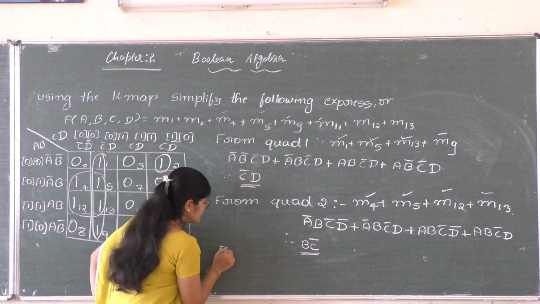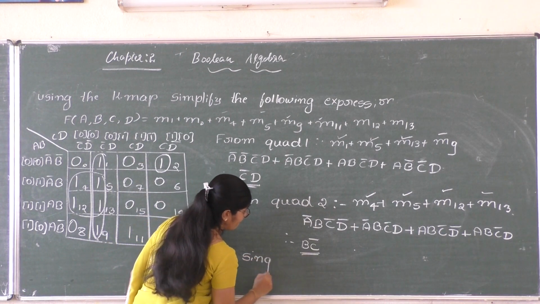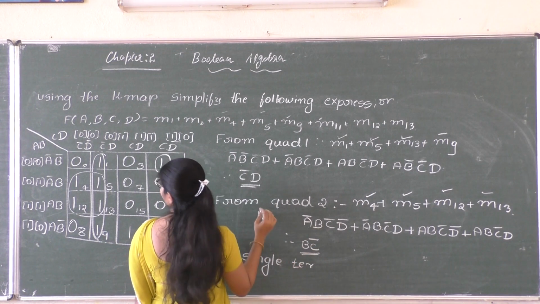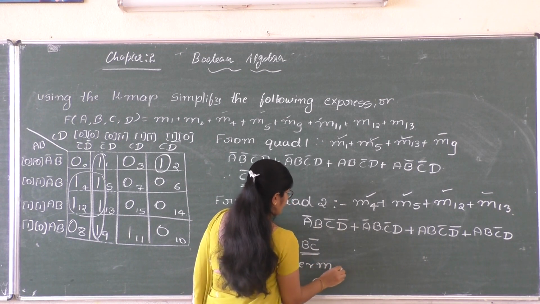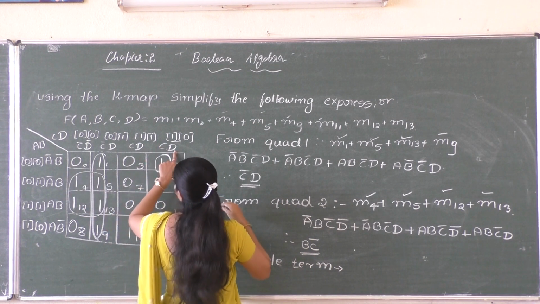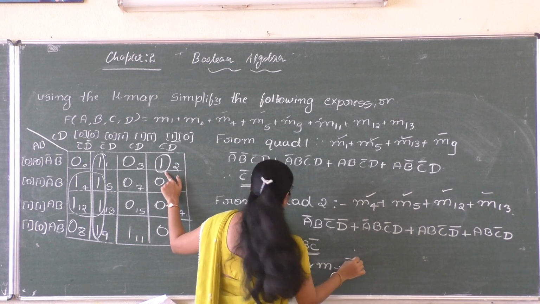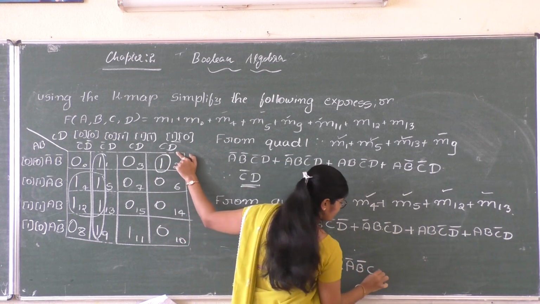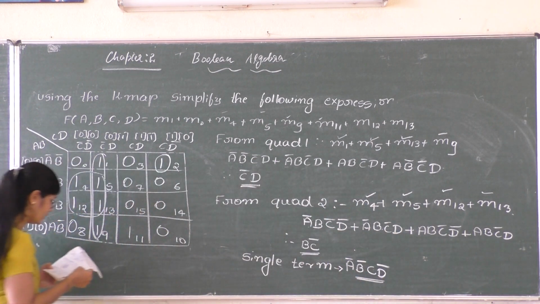So write the single term, which is A bar B bar C D bar.